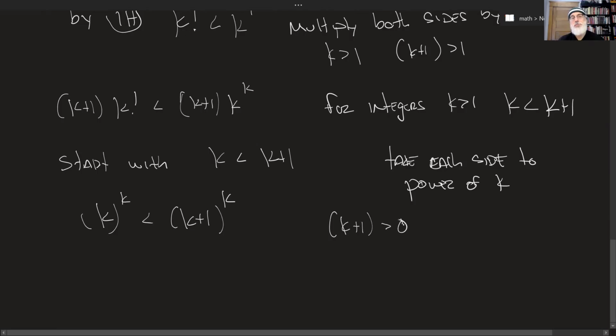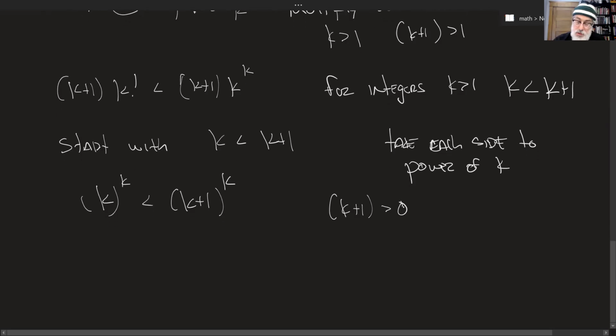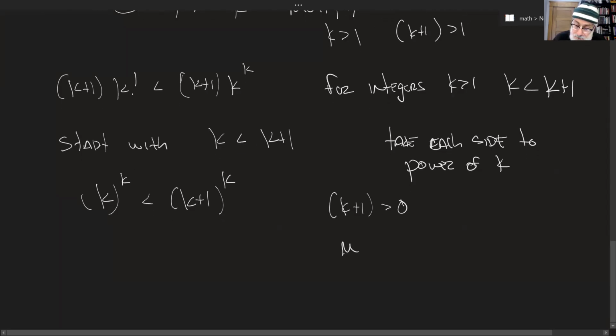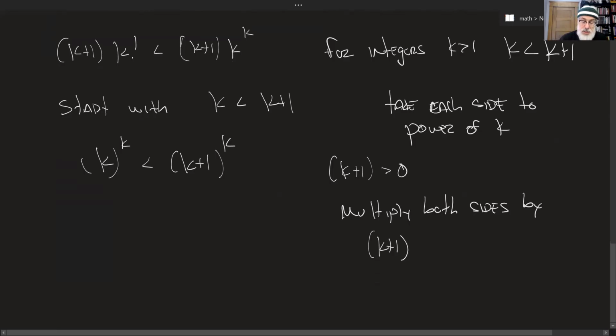It's greater than 0. In fact, it's greater than 1. So I can multiply both sides by k plus 1. So what I get here is k plus 1 times k to the k is less than k plus 1 times k plus 1 raised to k.